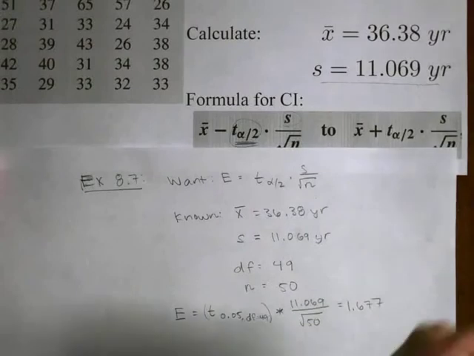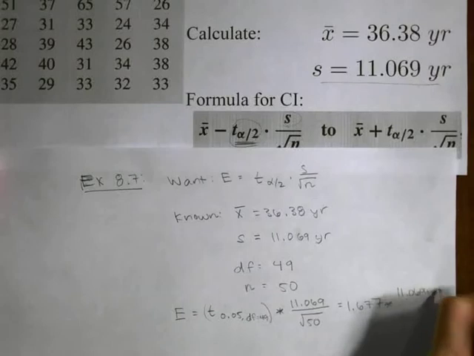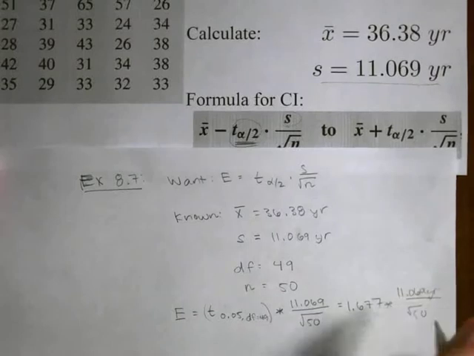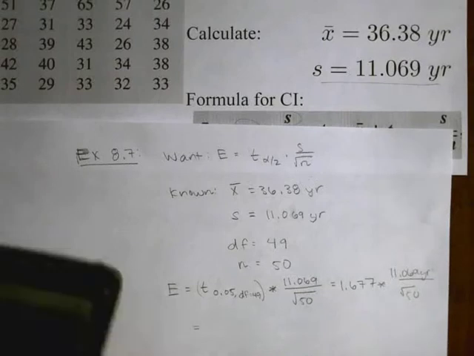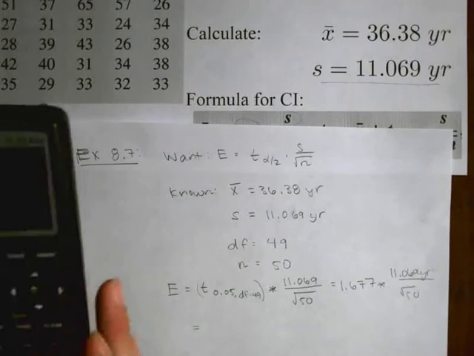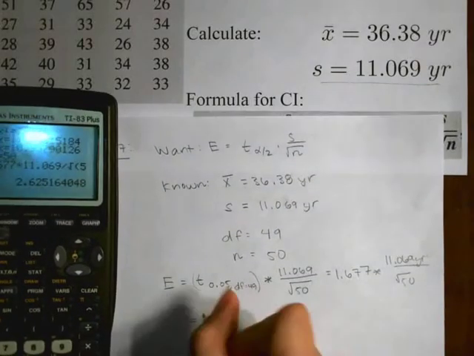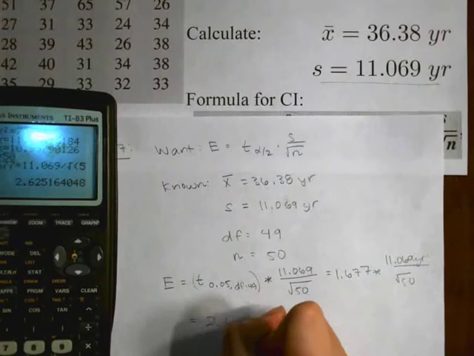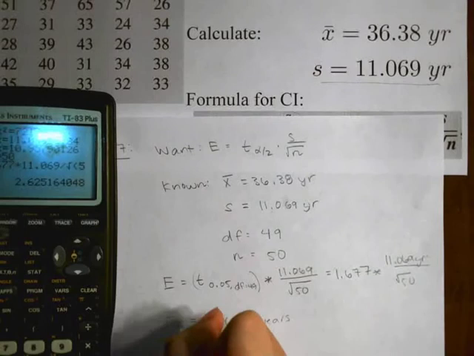So 1.677 times 11.069 years divided by the square root of 50. I put that in my calculator. I get 2.625 years.